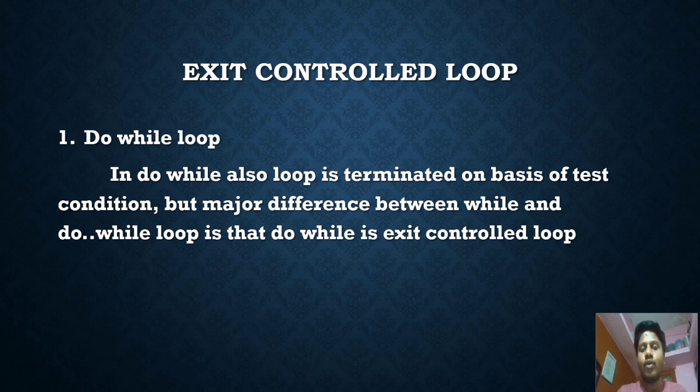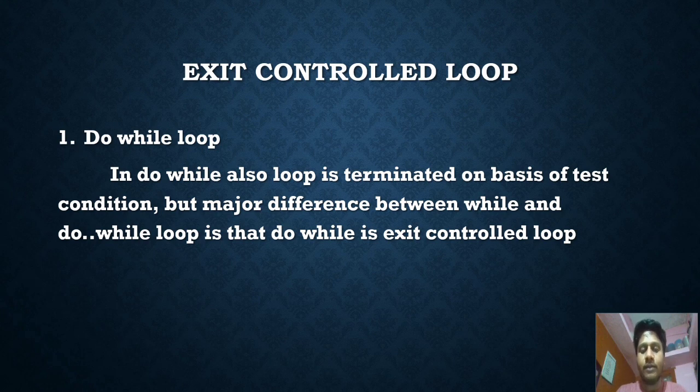Means what? Do while, irrespective of the condition, whether the condition is true or false, will be executed at least once. Whereas in the while loop, the condition has to be true, then only the loop will execute. If the condition is false, the loop will not get executed.